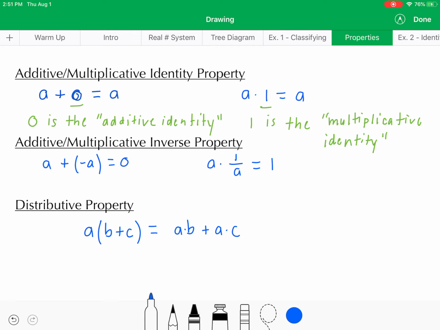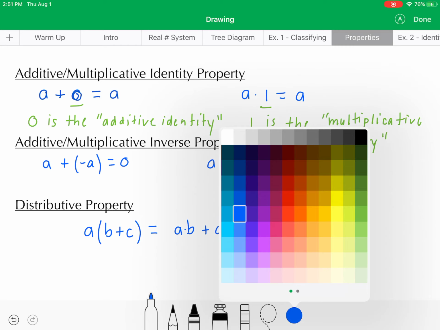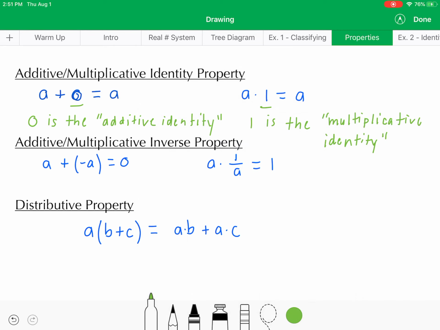Distributive property is great for just multiplying large numbers together, right? So, for example, let's say I want to multiply 7 by the number 42. I'm going to think of that as 7 times 40 plus 2, right?